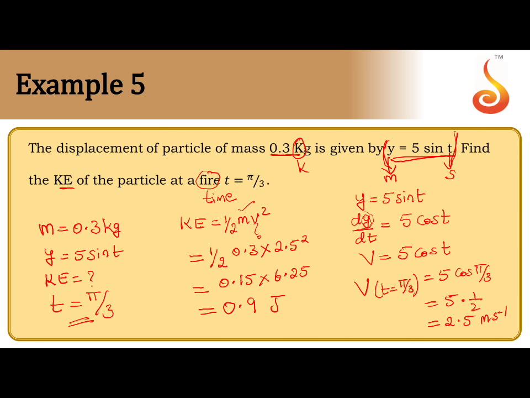So the trick to solve this problem is, suppose they give y. Y is a function of time. Here y was depending on time according to 5 sine t. In some other problem the relationship may be different.